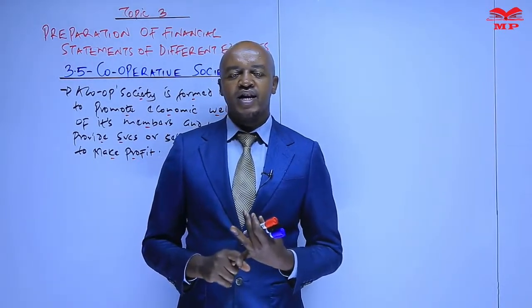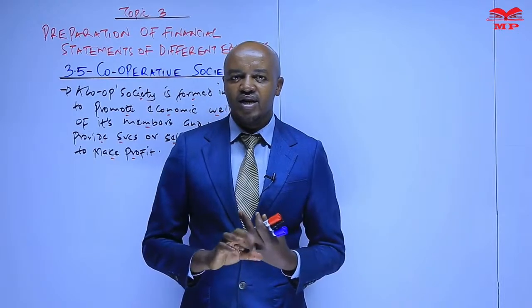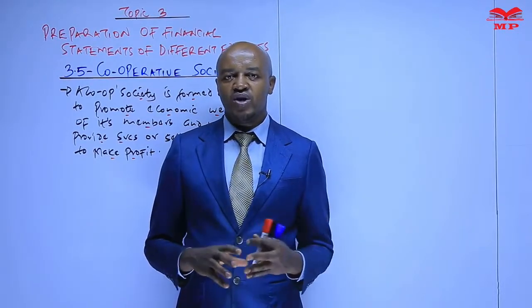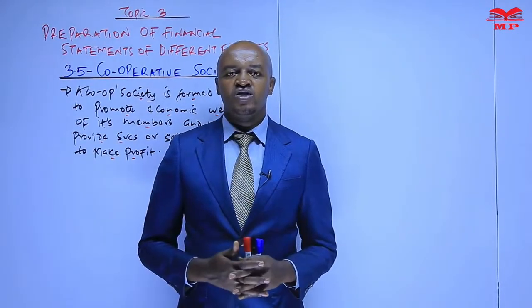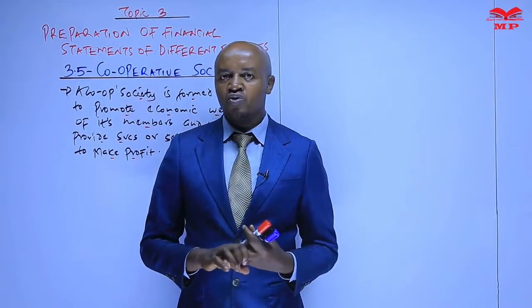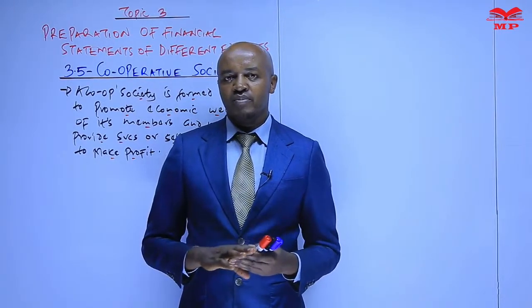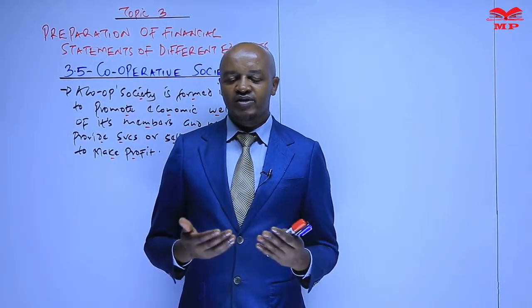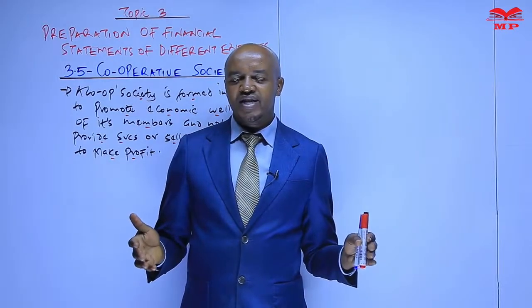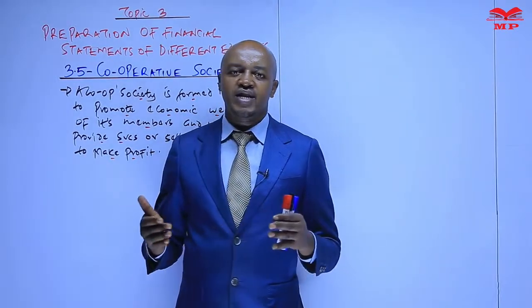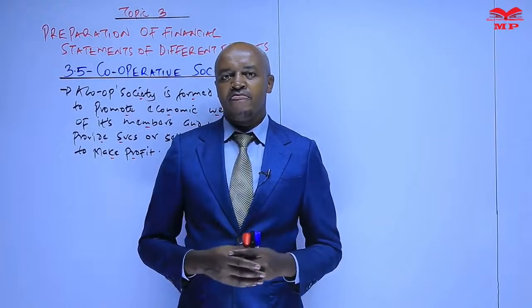It can own property. It has what we refer to as contractual capacity. It can enter into contracts in its own name. It can sue or be sued. So a cooperative society has the same status just like a company. It is a legal entity.